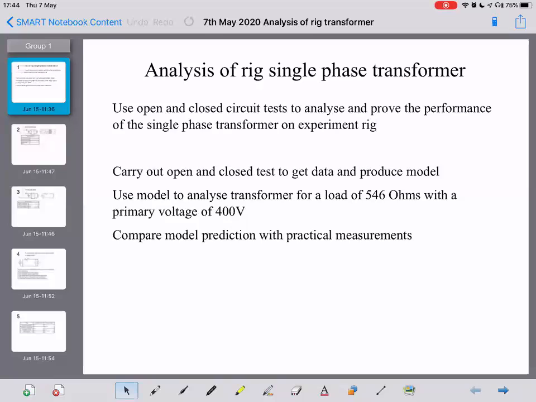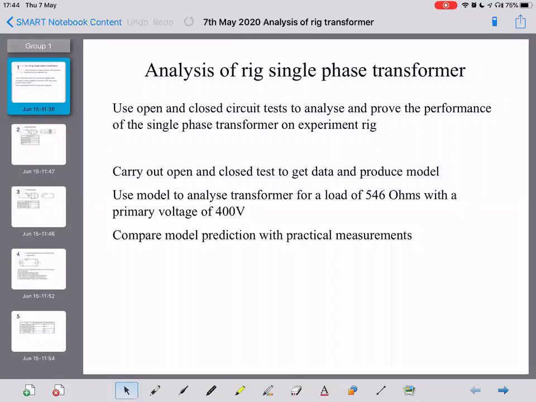So when we do this analysis, we said we're going to analyze the transformer for a resistive load of 546 ohms, which is one of the resistors on the board, using a primary voltage of 400 volts. So this is a step down transformer from 400 volts, I think, to 250, something like that. Okay, so that's what we're going to have a look at.